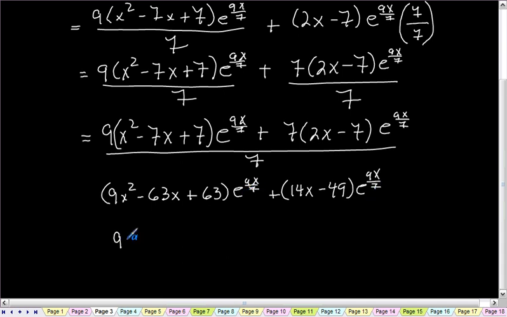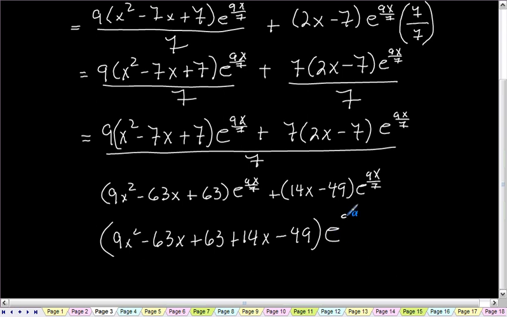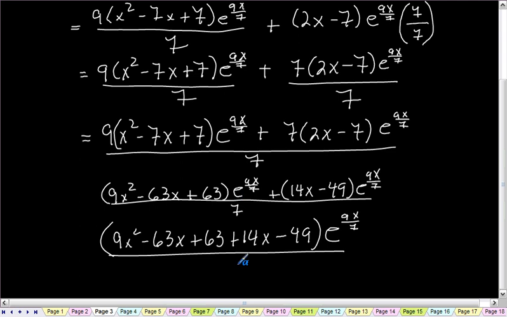I can take 9x squared minus 63x plus 63 plus 14x minus 49, and factor out e to the 9x over 7. Can't forget the over 7.